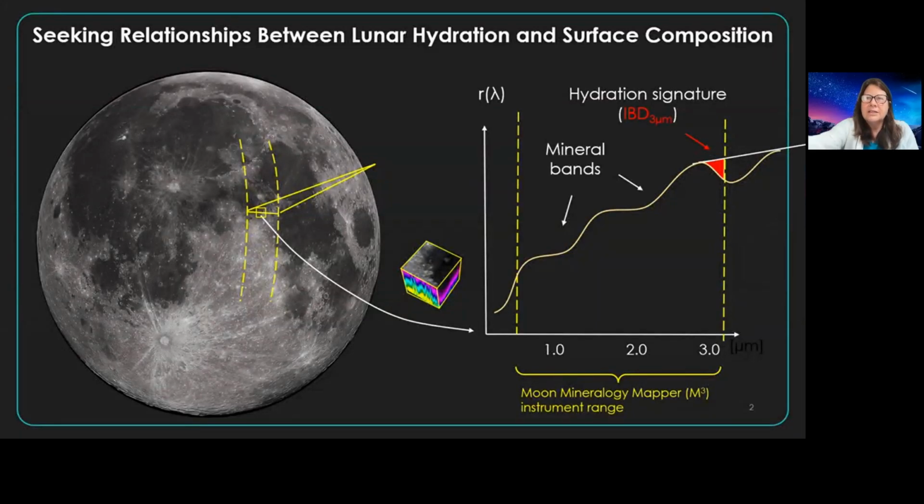The hydration is observed in this region near 3 microns. Unfortunately, M-Cubed cuts off right at 3, so we can see a snippet of this hydration band due to water and OH. And so we're using an integrated band depth, called IBD, in order to map a portion of this across the moon.